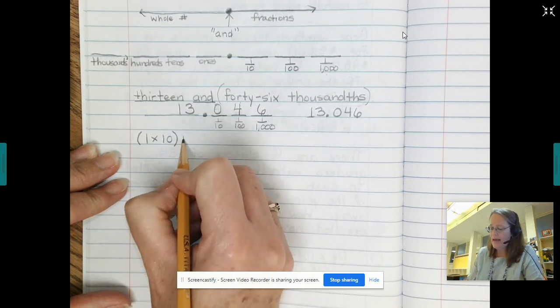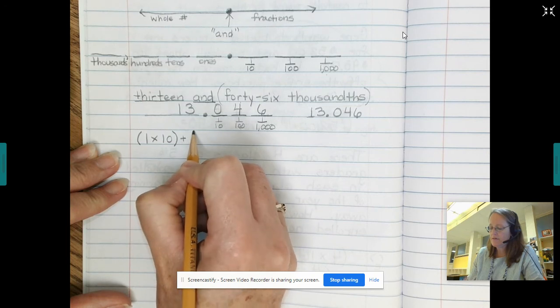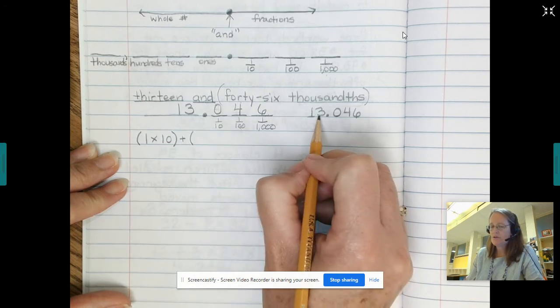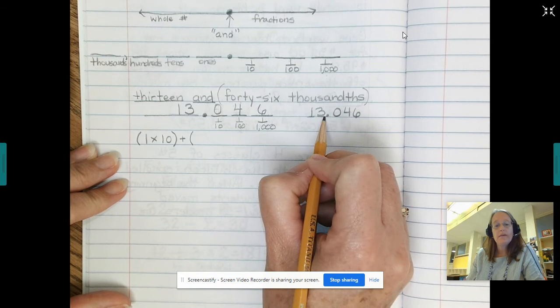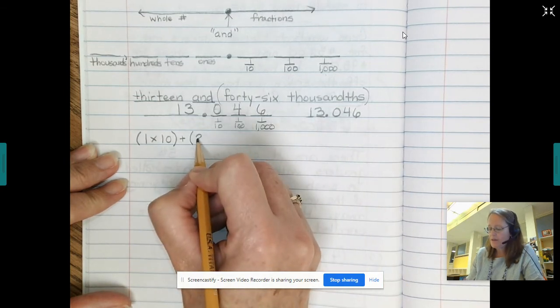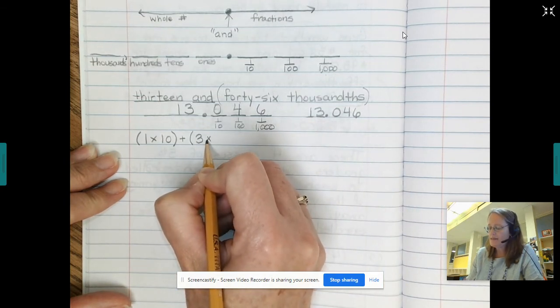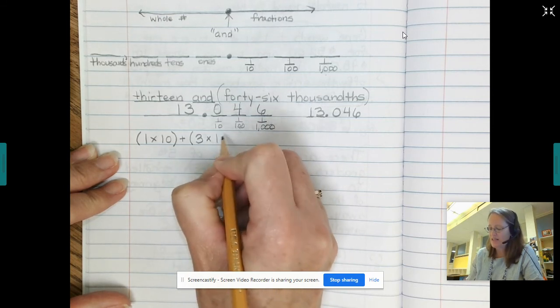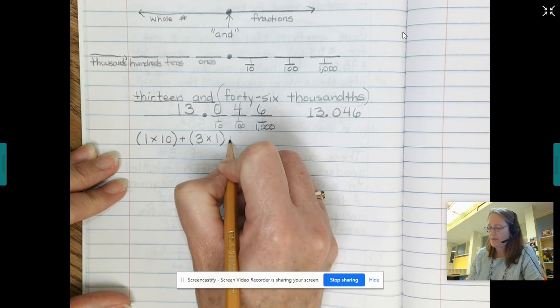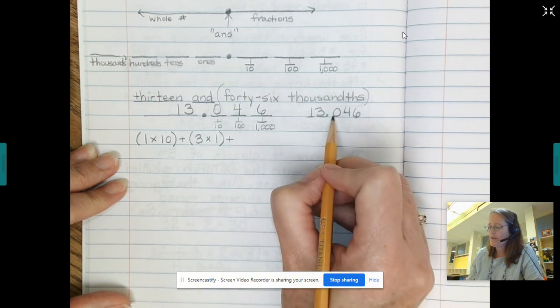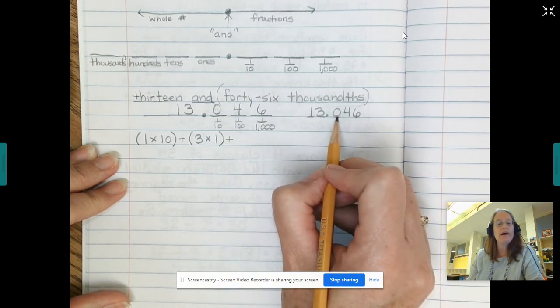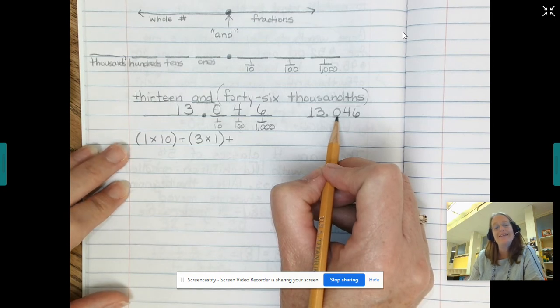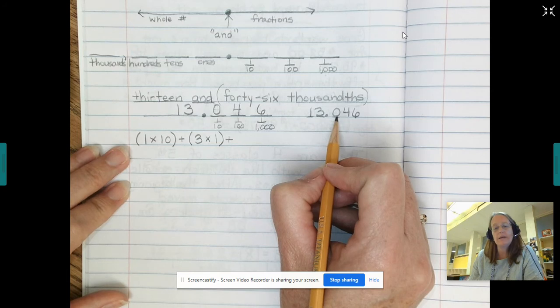And then we're going to add that to my next digit. The digit is 3 times, what place is it in? It's in the ones place. 3 times 1 plus, now, since I have a 0, I do not need to include that in my expanded form. Okay, that's not going to be included.